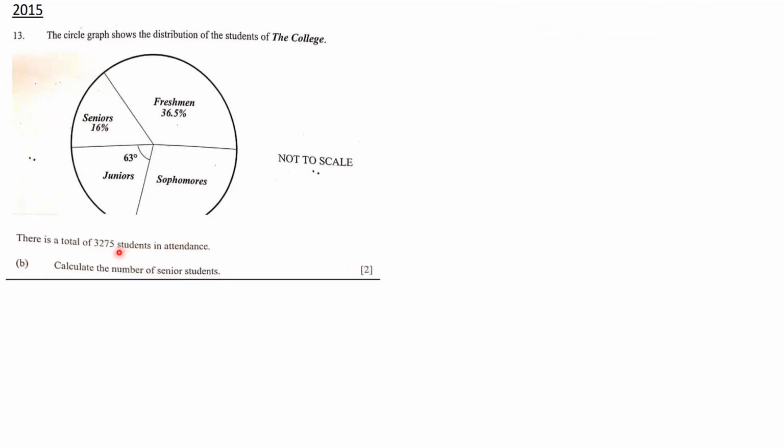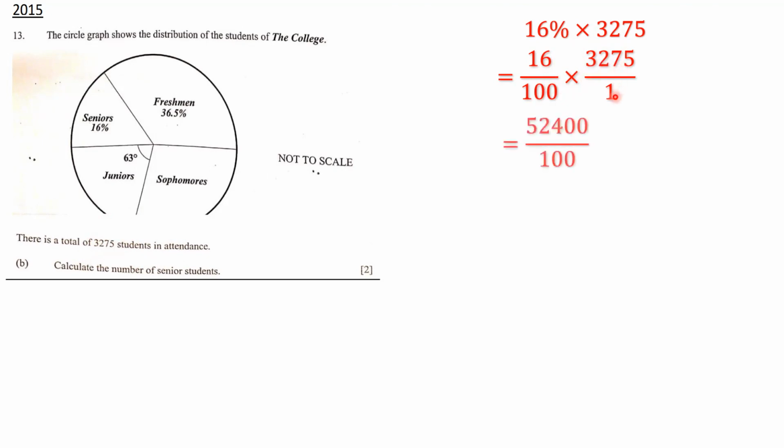It says there is a total of 3,275 students in attendance. Calculate the number of senior students. Well, senior students account for 16% of your total students. So it's going to be 16% of, or multiplied by, 3,275. That's 16 over 100 multiplied by 3,275 over 1.